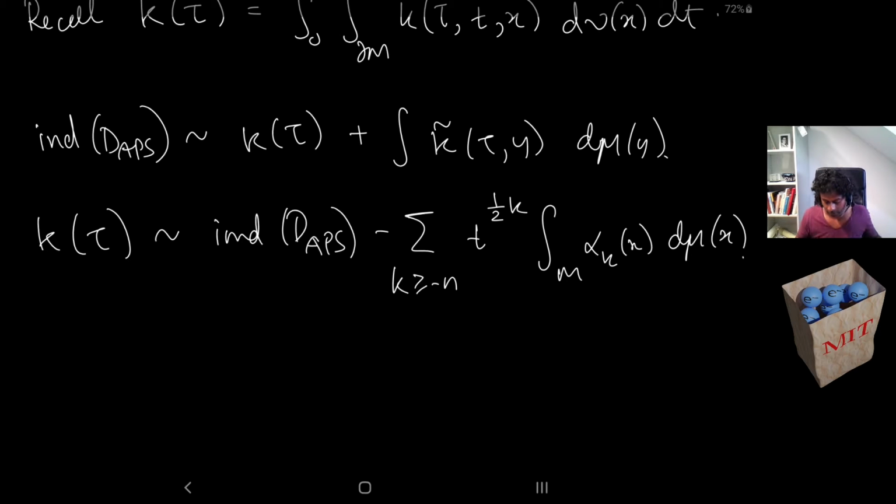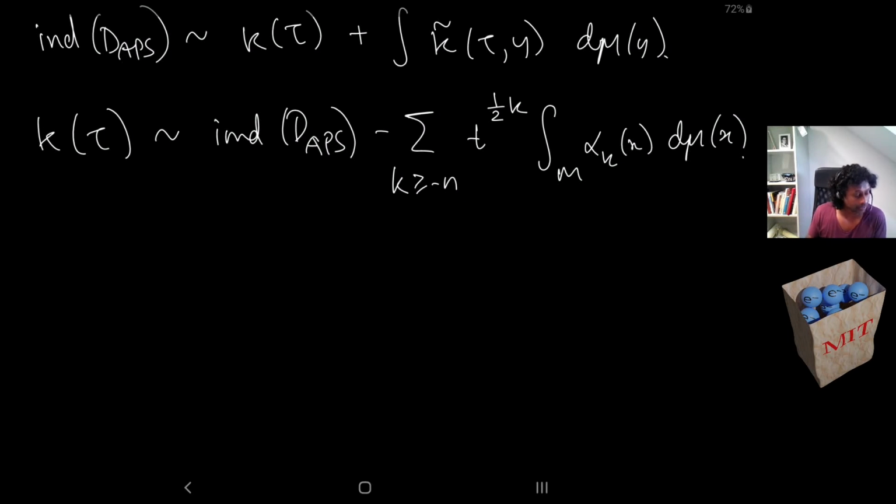Of course, this is only asymptotically true, so we're able to interchange the integrals and so on because everything we're saying is asymptotically true. Okay, but we have an expression now.